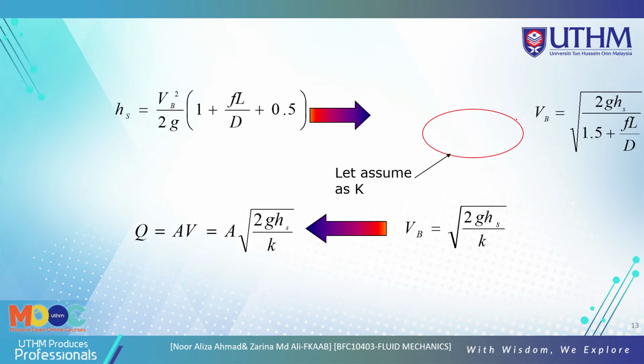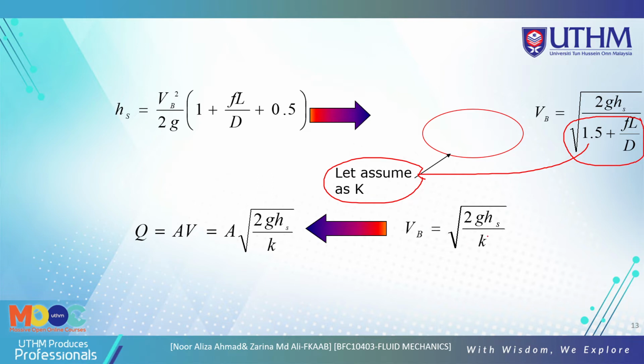This is the circled part based on this formula, and we just assume it as a K. We assume that 1.5 plus FL over D is K.